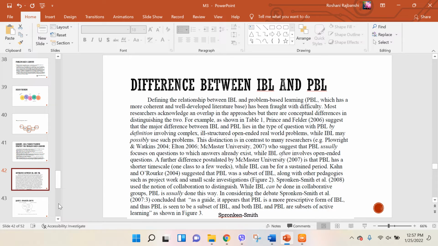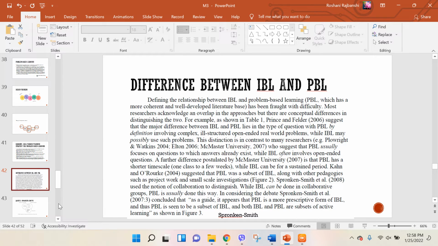Most researchers acknowledge an overlap in approaches, but there are conceptual differences in distinguishing the two. For example, as shown in Table 1, which I have not included, Prince and Felder suggest that the major difference between IBL and PBL lies in the type of question, with PBL by definition involving complex, ill-structured, open-ended, real-world problems.